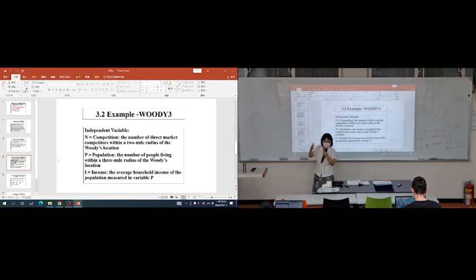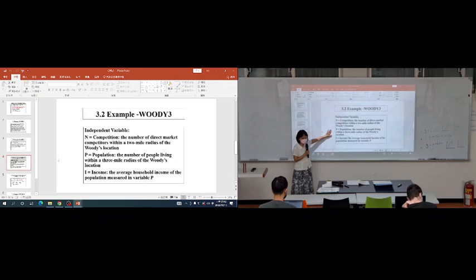Maybe they are thinking that if you live within 3 miles, it's easy for people to go to the restaurant. So within a 3-mile radius of Woody's location, how many people live around the neighborhood of the restaurant? This is the second x variable.